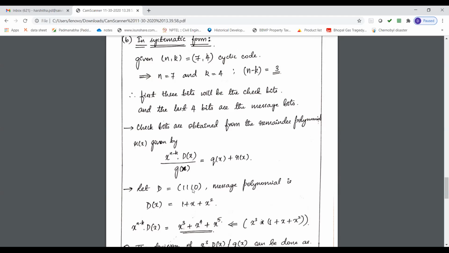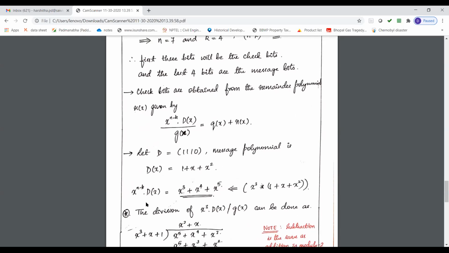Next I have x to the power of 2, so I'll write x to the power of 2. Here I have x to the power of 3, but here I have 0, so I will not write x to the power of 3. So the message polynomial is 1 plus x square. Now I want to find out this product term, that is x to the power of n minus k into d of x first.